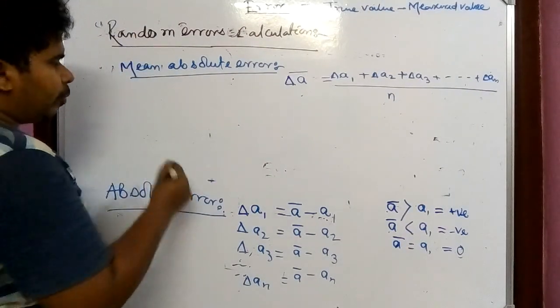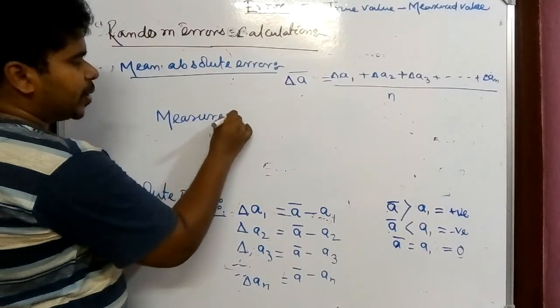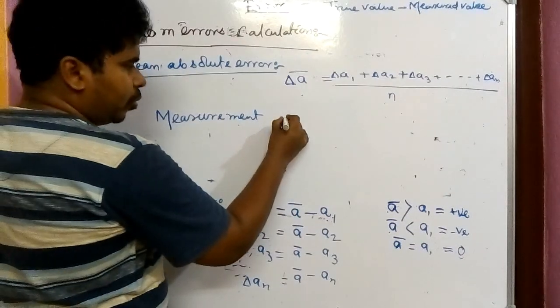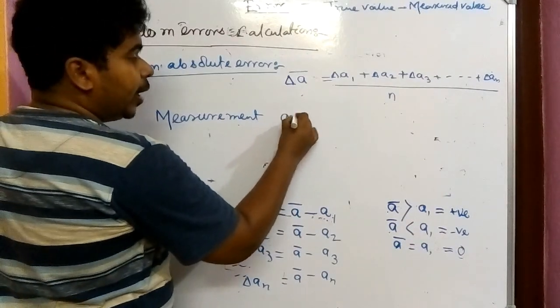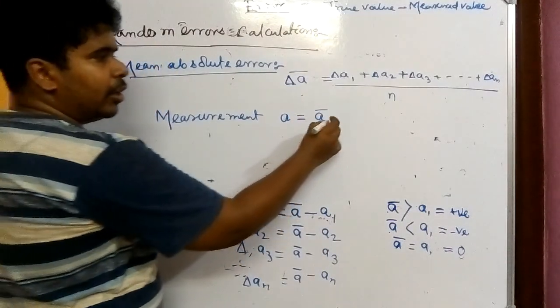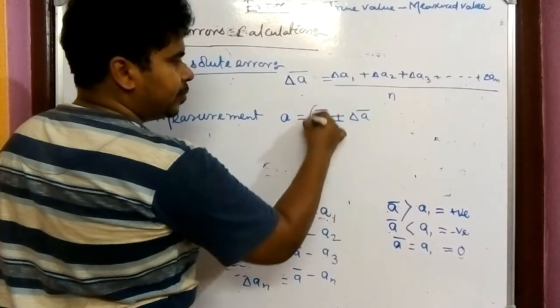Now whenever we have to represent a measurement, we write that A equals A bar, that is the true value, plus minus delta A bar.